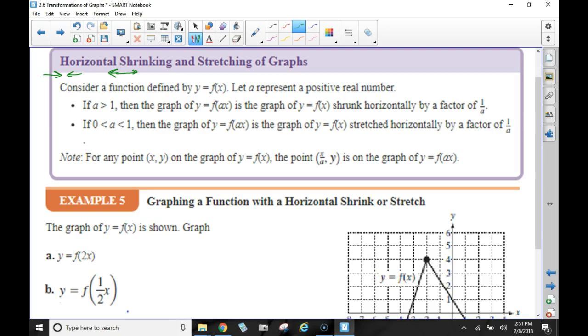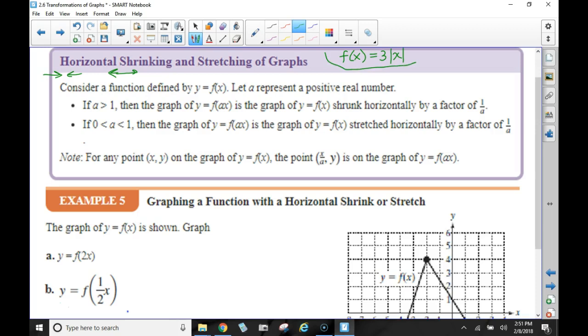It says, consider a function, a parent function. Let a represent a positive real number. If that number is greater than 1, then the graph of y equals the function evaluated at ax. You're going to know it's a vertical stretching or shrinking if you have something like f of x equals 3 times the absolute value of x.